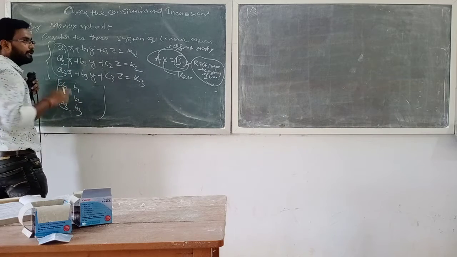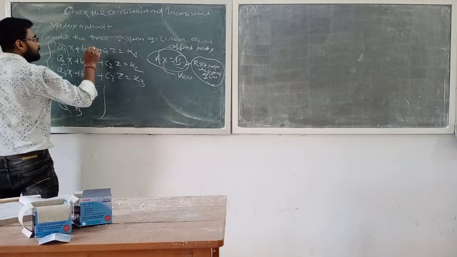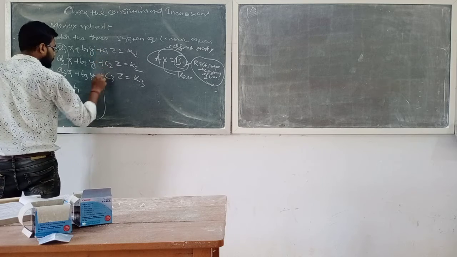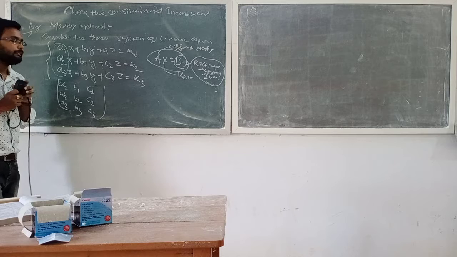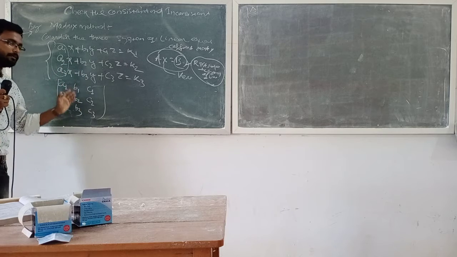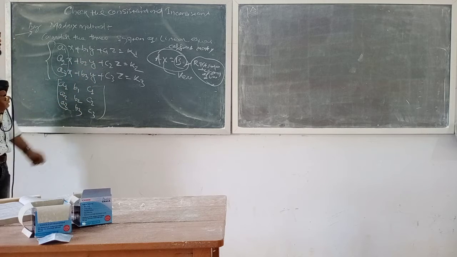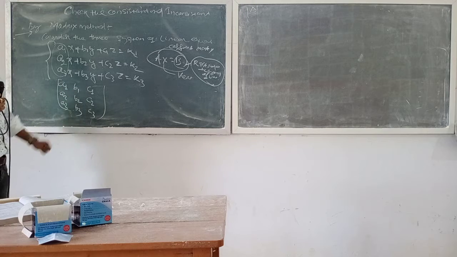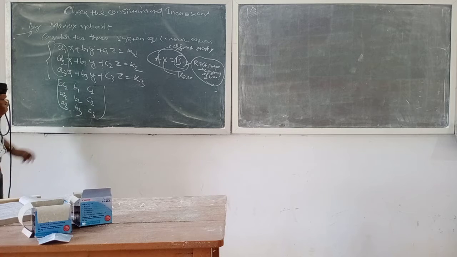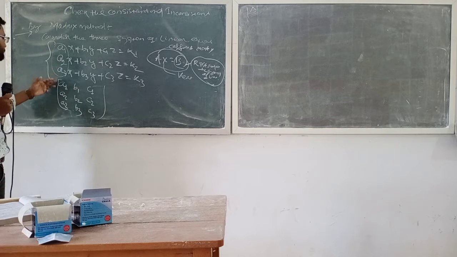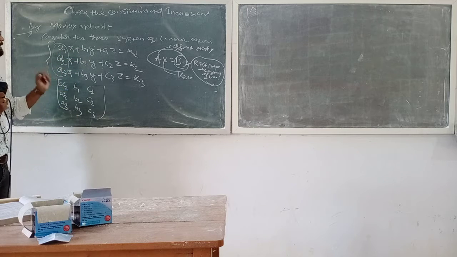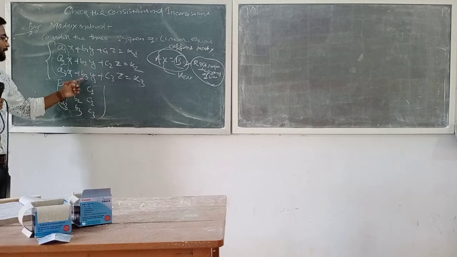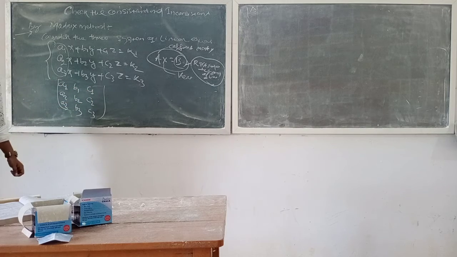Then the third column is c1, c2, c3, the coefficients of z.